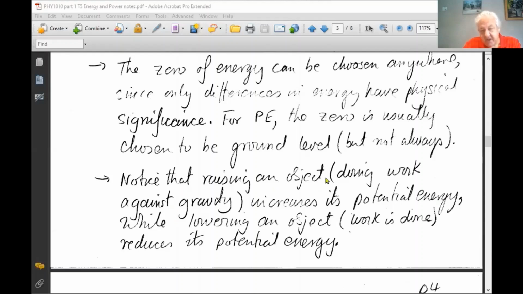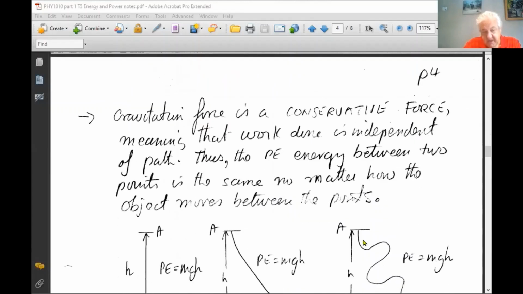Notice that raising an object, doing work against gravity, increases its potential energy, while lowering an object reduces its potential energy. Final point: gravitational force is a conservative force, meaning that work done is independent of path.